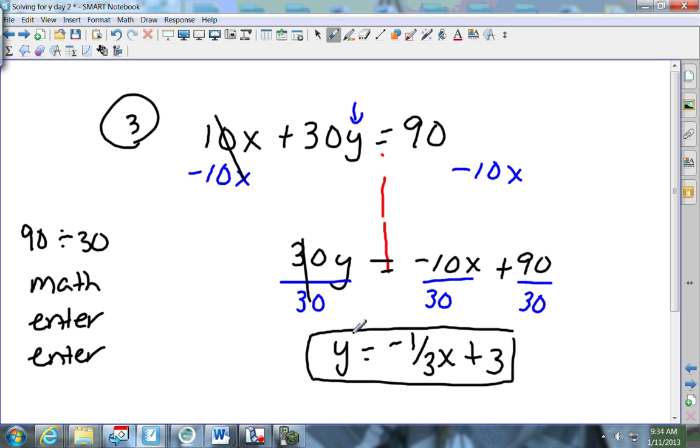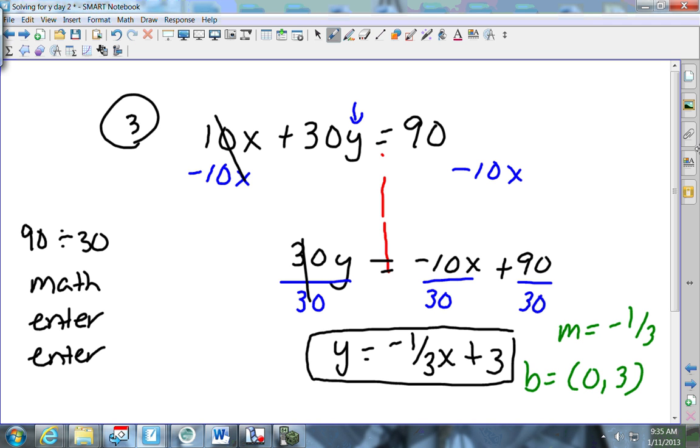That'll reduce your fractions and divide them for you. The slope is the number in front of the x. That's negative 1/3. The y-intercept is the number over here by itself, which is (0, 3).